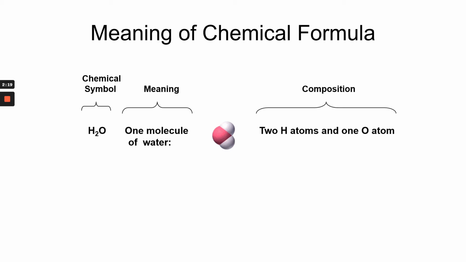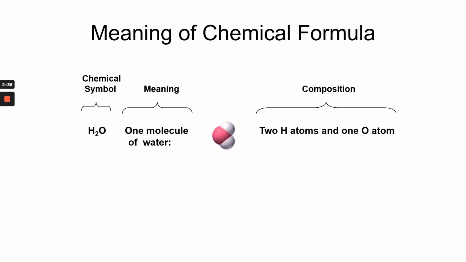Okay? I want to make sure before we proceed, though, that we know the difference between a coefficient and a subscript. So in my first example here, H2O, that's representing a single molecule of water composed of two hydrogen atoms and one oxygen atom.